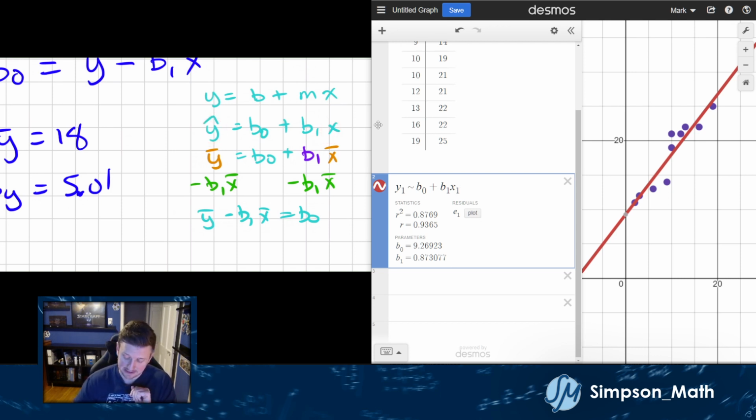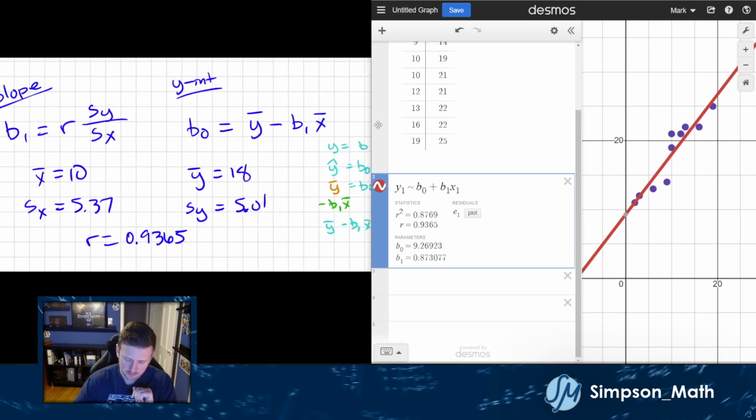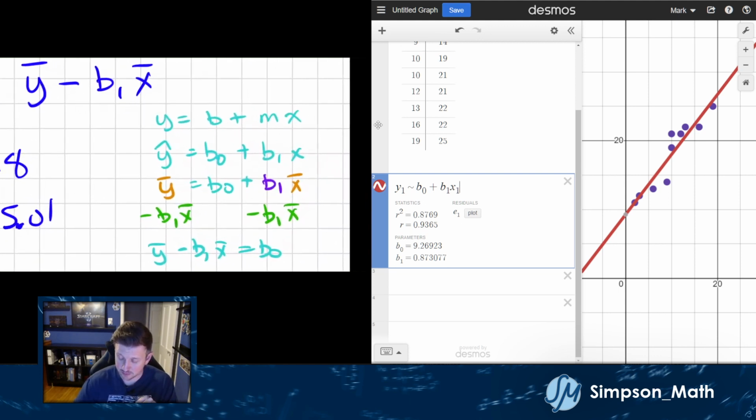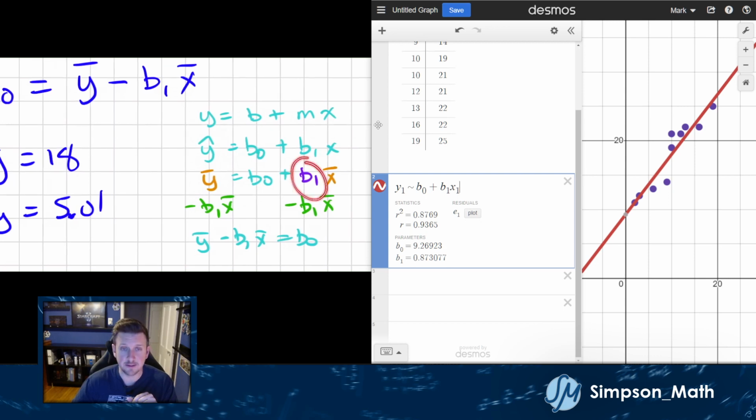And then next, notice I can find the slope from standard deviations and r. So I'm going to take that slope that we just found and plug it in. So if I did that, notice I have 3 of our 4 things known. I have them colored in a different color. We know what they are.